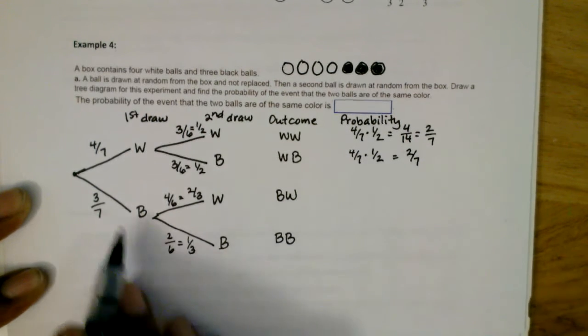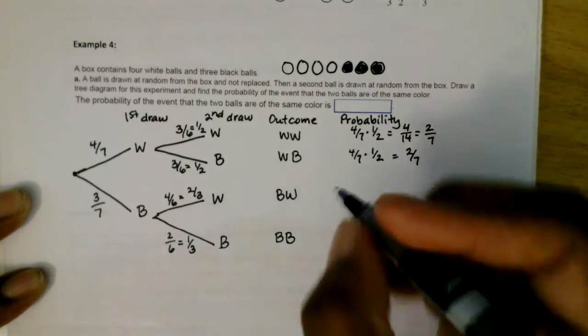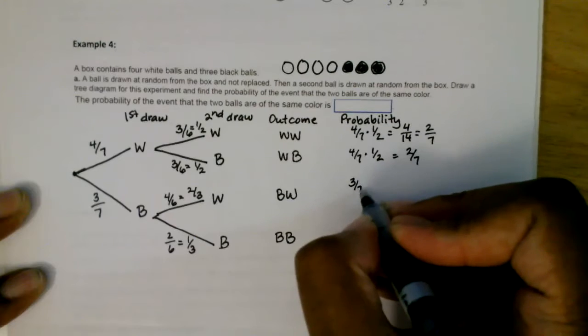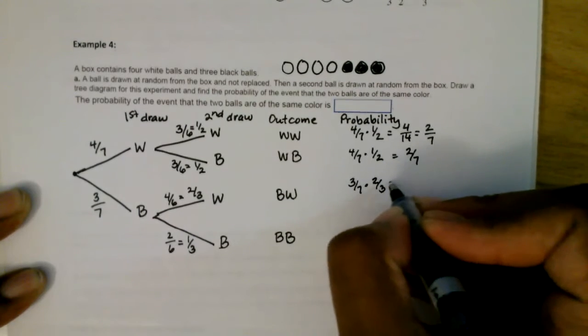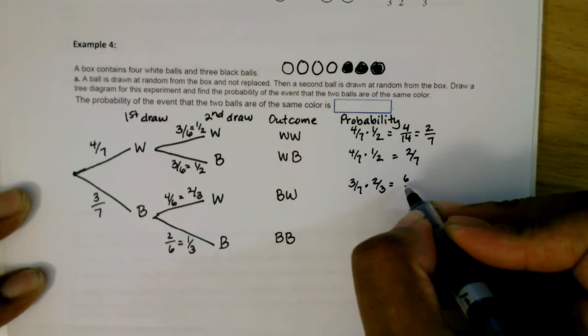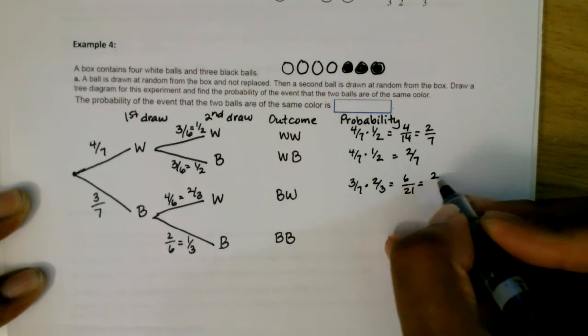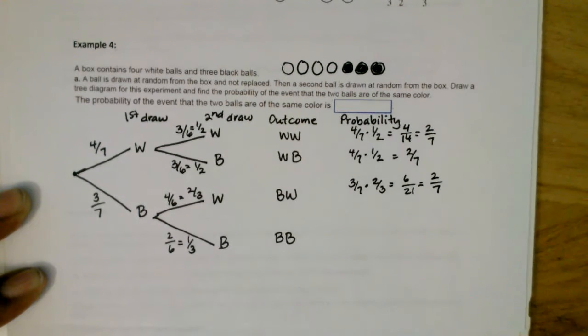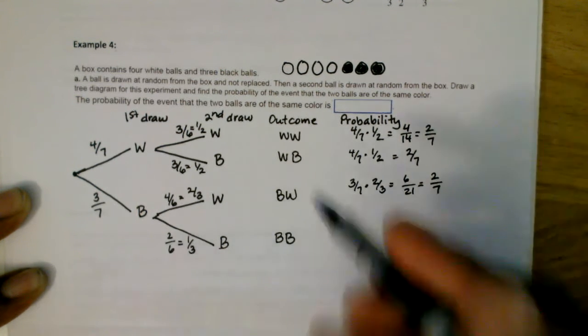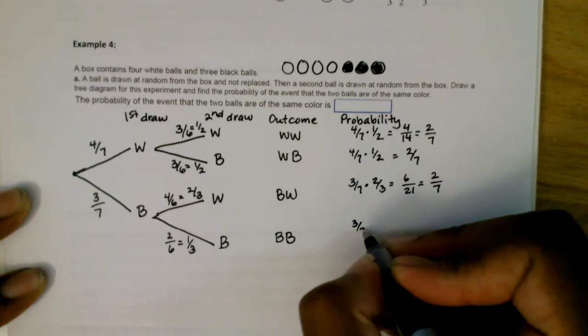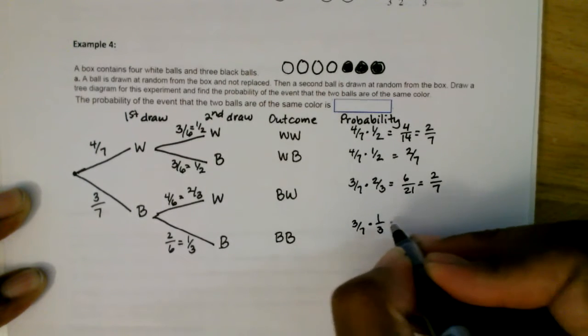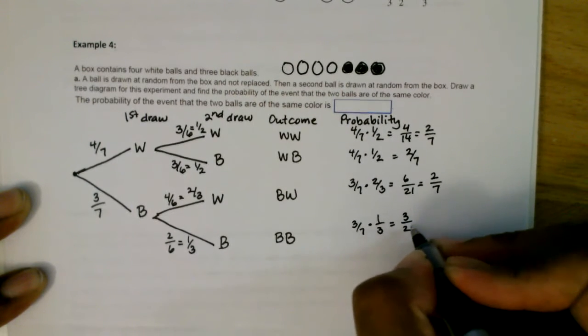And then for a black and a white, that'd be 3/7 times 2/3. This will end up being 6/21, but I can reduce 6/21 to 2/7. And then finally, a black and a black, 3/7 times 1/3, which will be 3/21, but I can reduce that to 1/7.